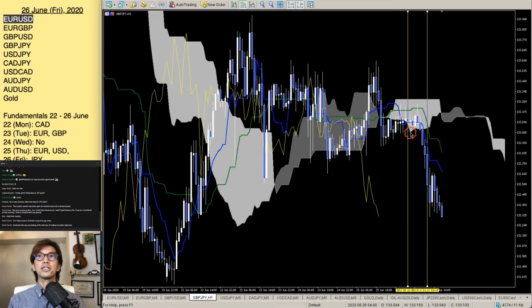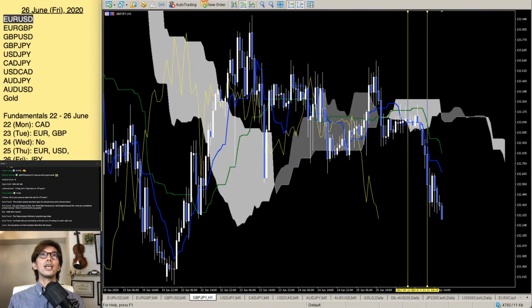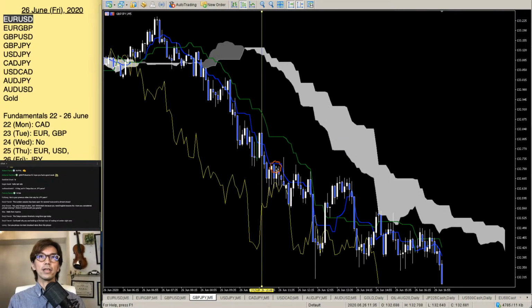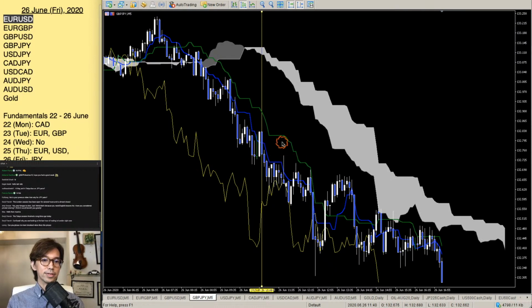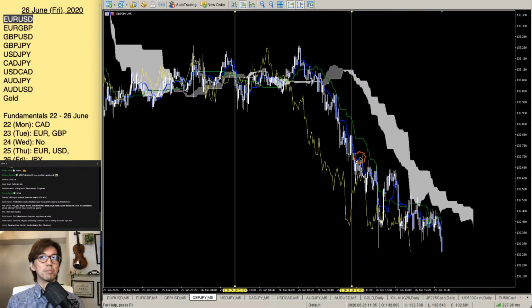This was the Asian session, and if you look at the 5-minute chart, exactly on this yellow vertical line, the Asian session ended. So let me zoom out and let me create the Asian box right now. So I take the recent high here.